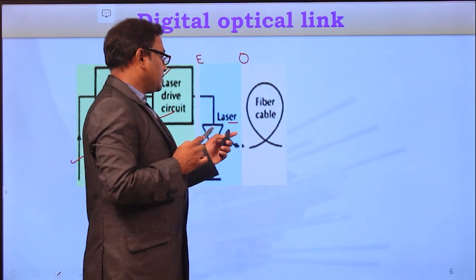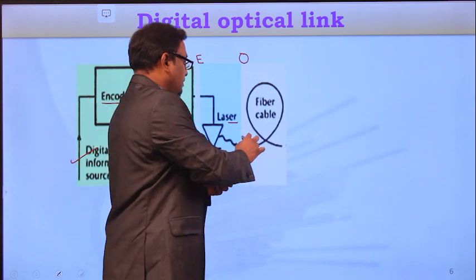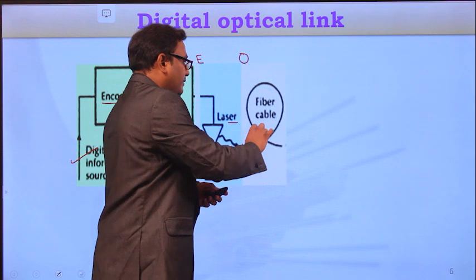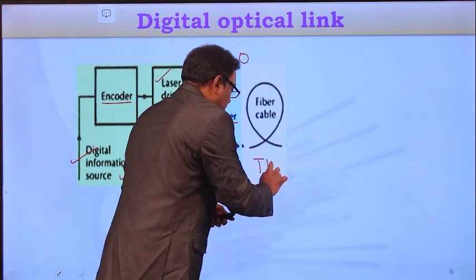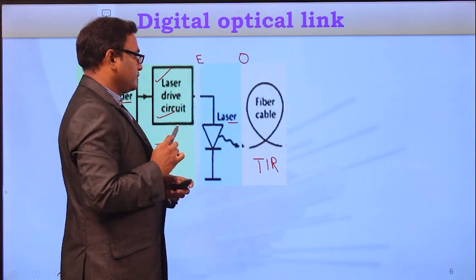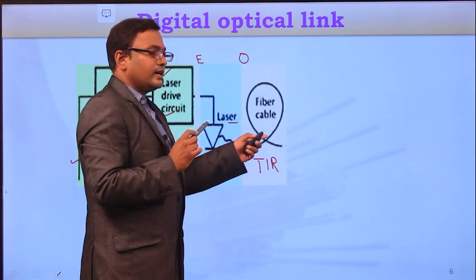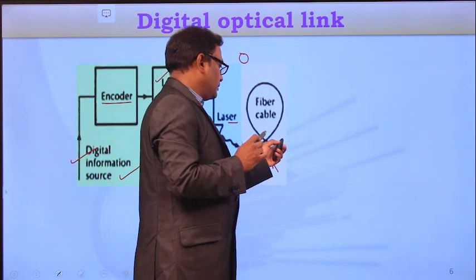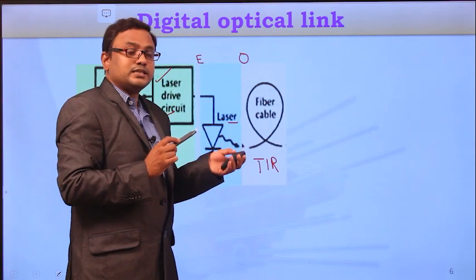In optical communication, the channel is nothing but the optical fiber cable, which carries the light information. It guides the light using the principle of total internal reflection, and it is a very thin medium which can guide the light information. And this is the channel, and after this there is the receiver section.